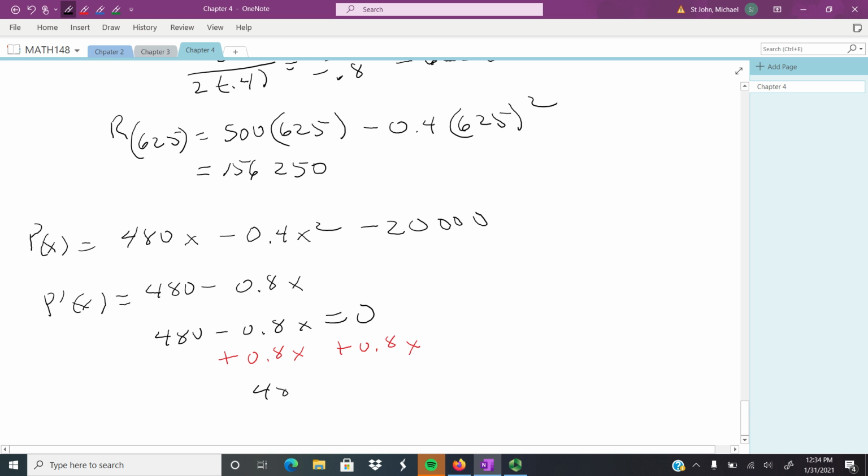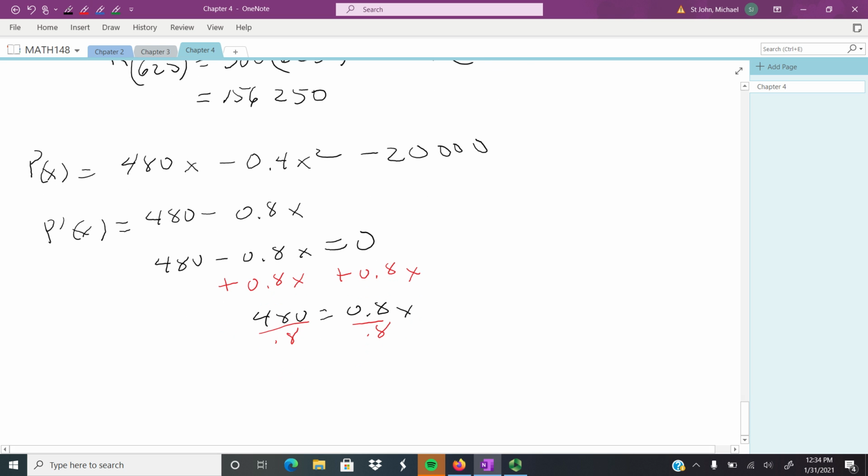So 480 equals 0.8x. Divide by the 0.8. And we get x is going to be 600. Right?